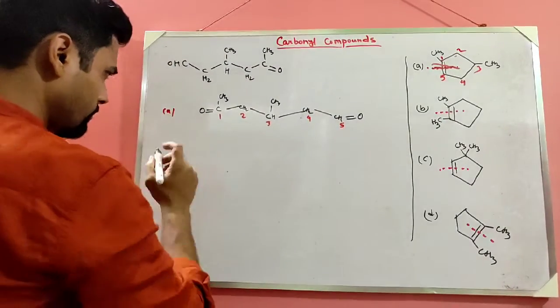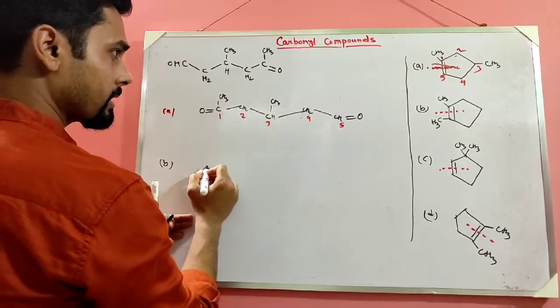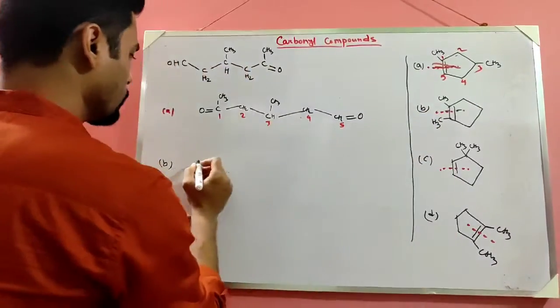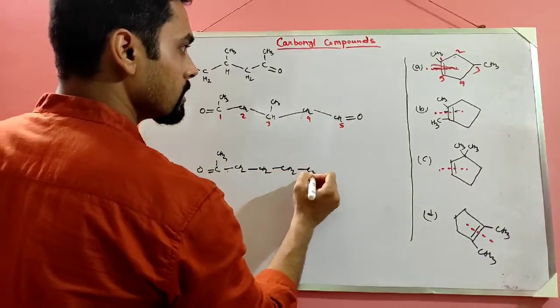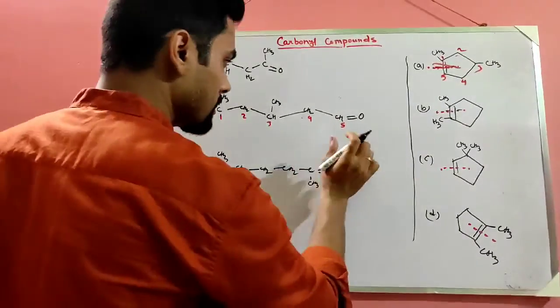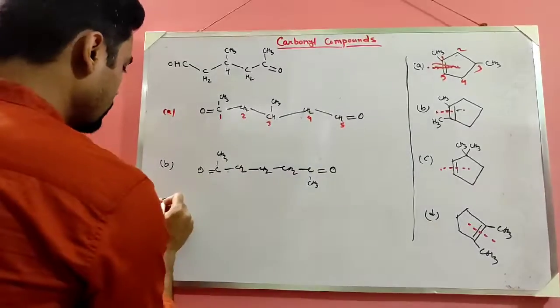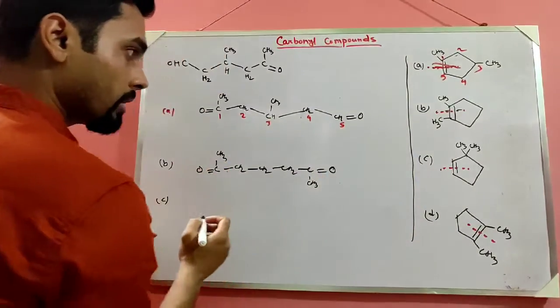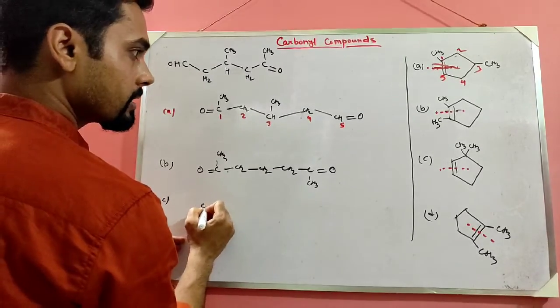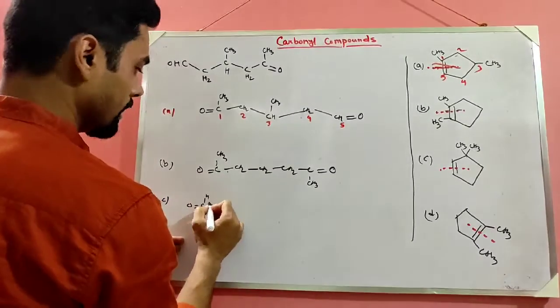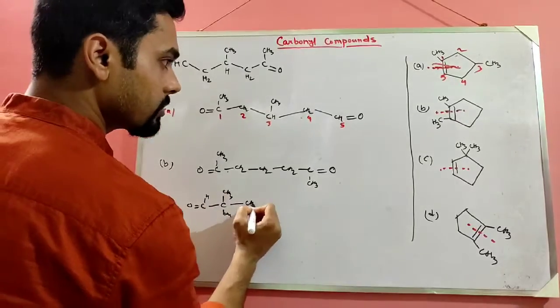Look, when B is reacted and broken, we will get CH3 double bond O, CH2 CH2 CH2 CH CH3 double bond O, sorry, H not present there, double bond O. If we break product C with ozonolysis, we will get C double bond O, H, C, CH3 CH3 CH2 CH2 CHO.